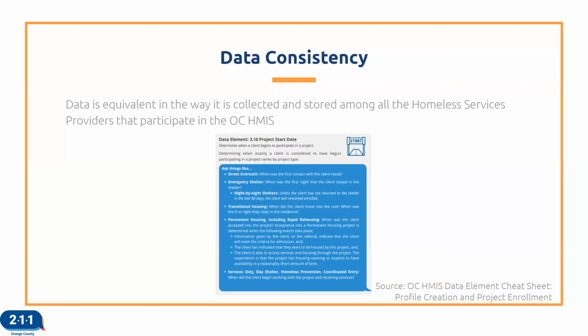So we all should have the same understanding of what housing move-in date is and how it's collected. Same thing with project start date or any other data element. You want to make sure everybody is collecting data the same way so that you can make consistent interpretations about that data and know that it means the same thing to everyone.